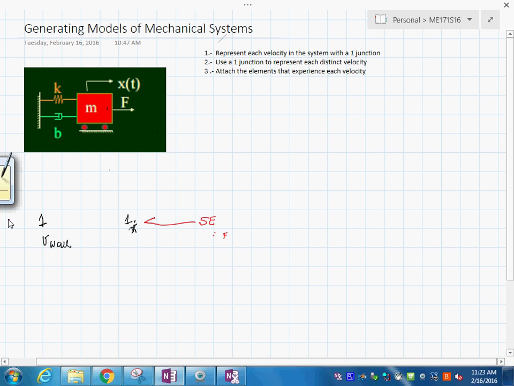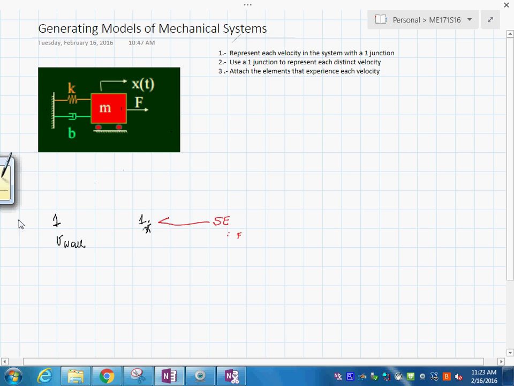Now on this side, on the right hand side, over here, we need to represent the inertia, the mass as an inertia element. What I'm trying to say.